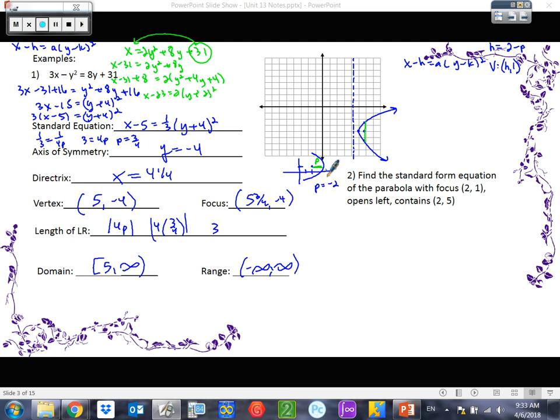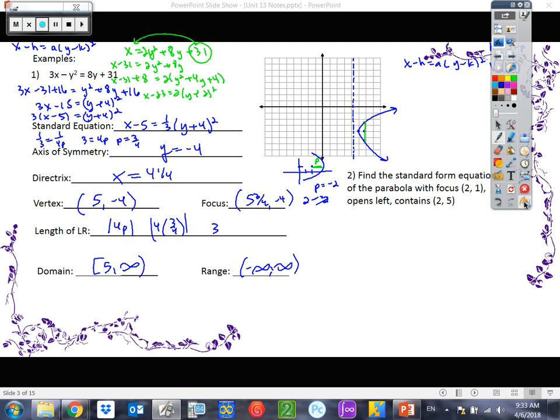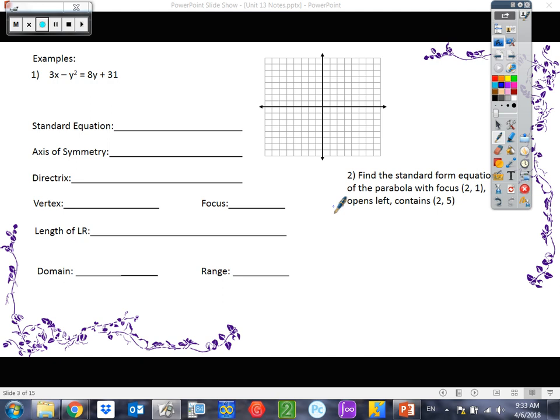Would it be 4? You with me? That's just with numbers. It would be 4 because I would do 2 minus a minus 2. 2 minus P, P is negative. And of course that's a mess. 2 minus a minus 2.